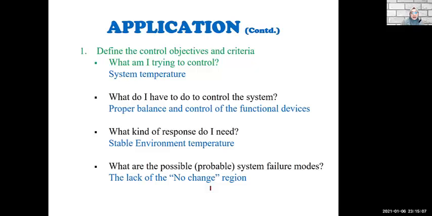That means your room temperature is not stable. You try to reduce the temperature, it's reduced a lot, not to the value that you asked the air conditioner to maintain. So this is what we call the no change region. It's not stable, so this is not good for the controller system.